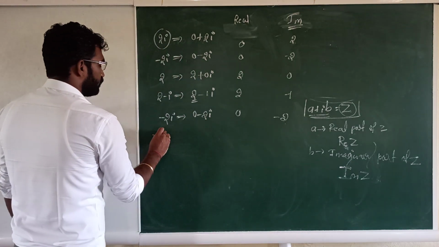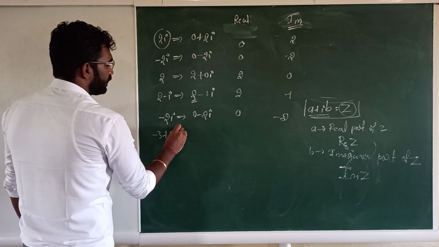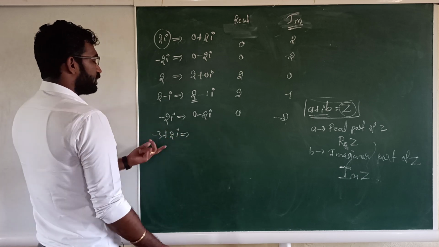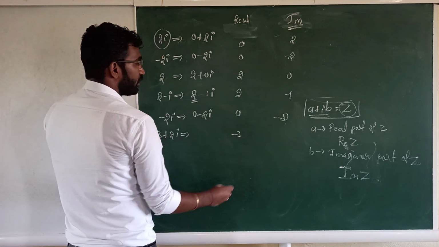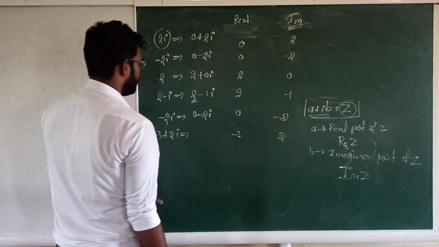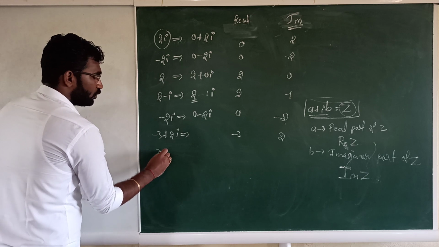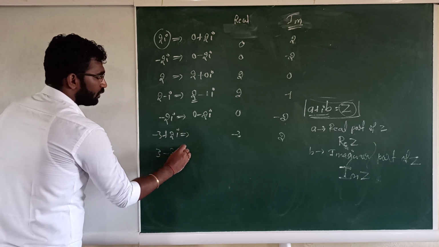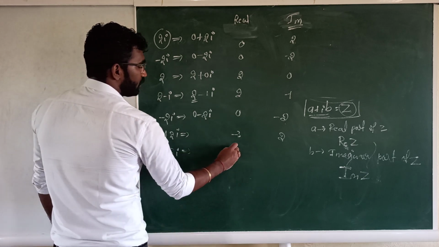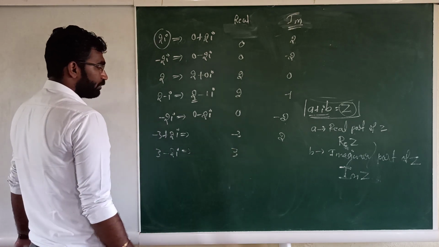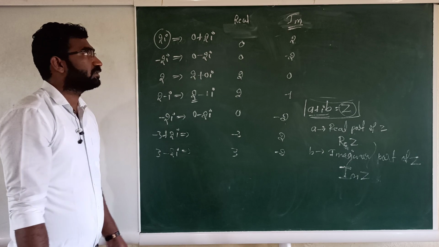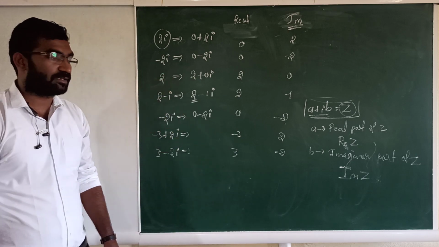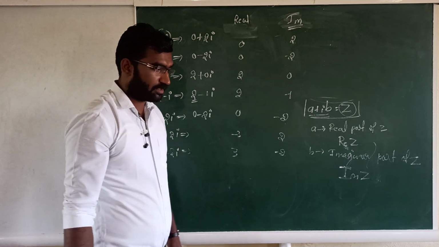Minus 3 plus 2i is already in the standard form, so minus 3 is the real part and 2 is the imaginary part. If the number is of the form 3 minus 2i, then 3 is the real part and minus 2 is the imaginary part, right? So this is how you are going to write it in the standard form, right? Okay, let us see.